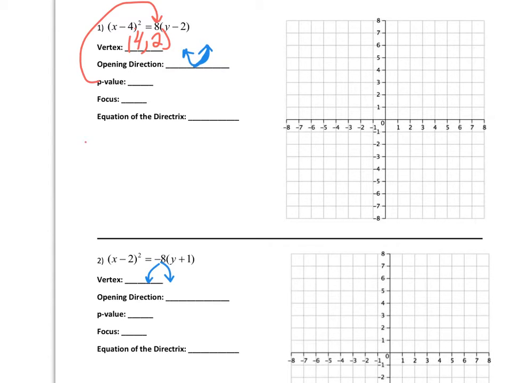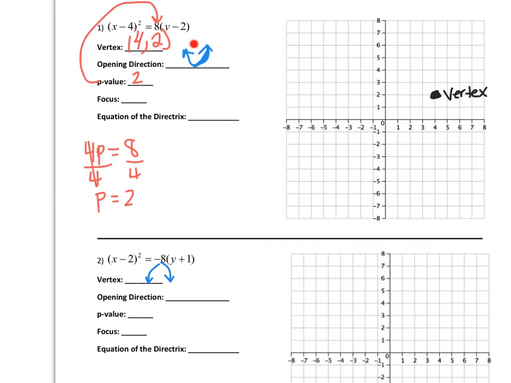Okay? So the p-value can be found by analyzing this part of the equation. So in the equation, this is 4p is equal to 8. So if we divide both sides by 4, we get that p is equal to 2. So now we can finish graphing this thing. So let's graph the vertex, which is (4, 2). And now this p-value says it's 2.